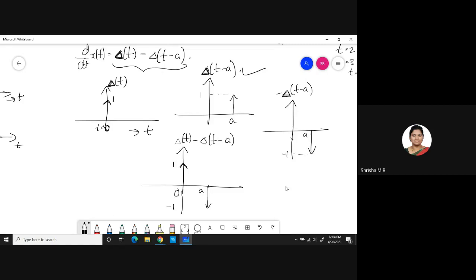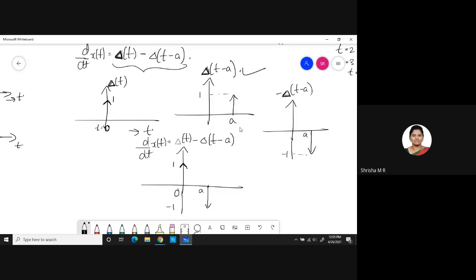Got it, everyone? Is it clear? Derivative of x of t, that is d by dt of x of t, is delta t minus delta t minus a. So we have plotted the derivative of x of t.